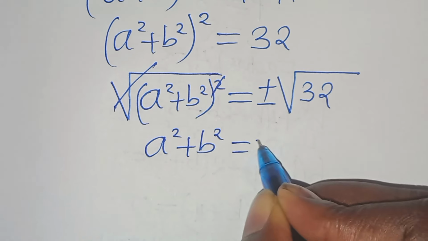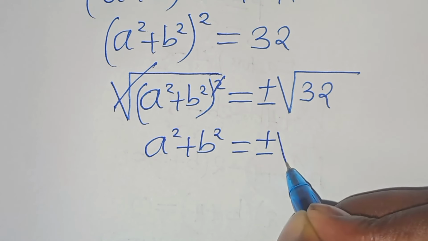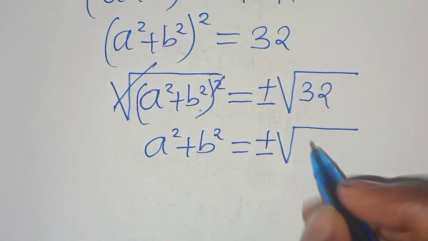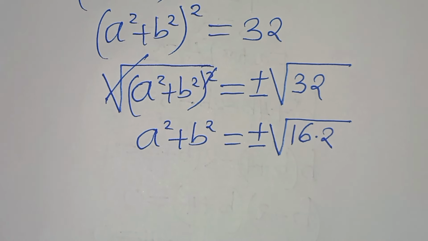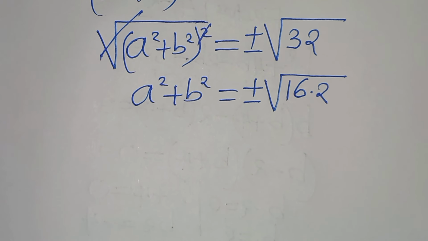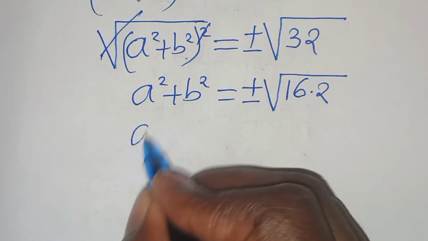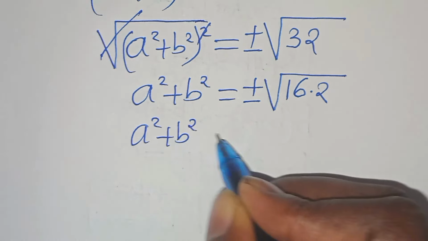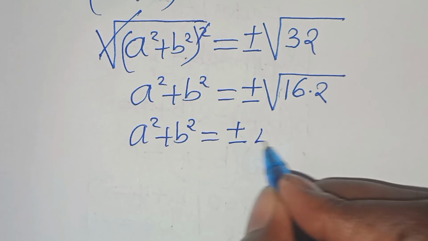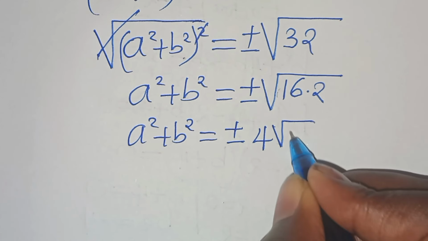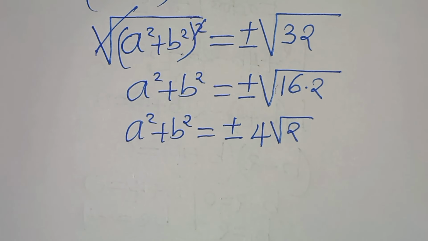This is equal to plus or minus the square root of 32, which we can express as the square root of 16 multiplied by 2. Now we have a squared plus b squared. This is equal to plus or minus the square root of 16. This is 4, then square root of 2.